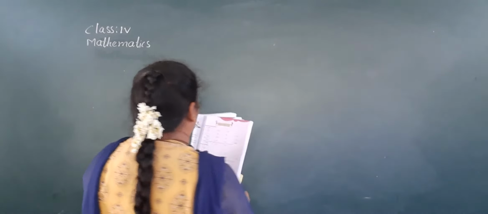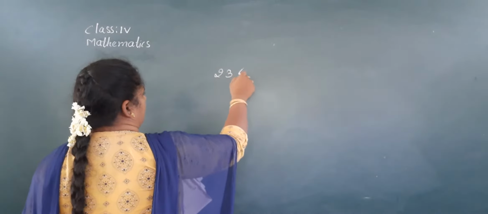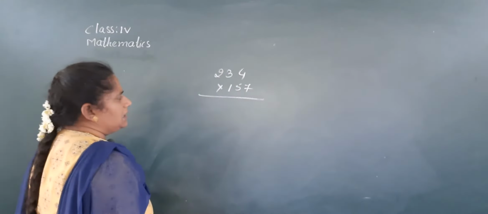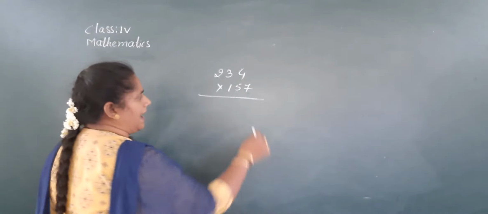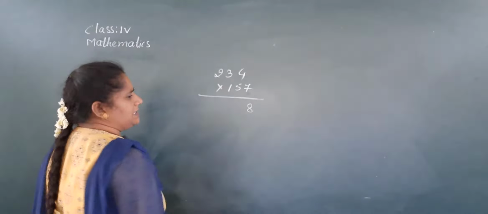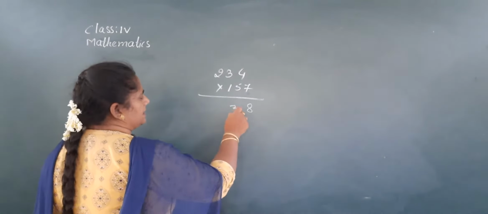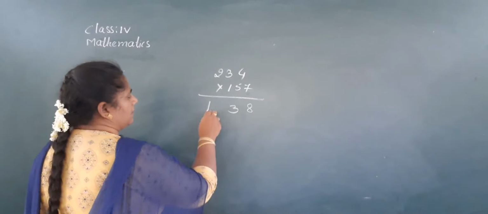And you know very well how to do the multiplication of 3-digit number by 3-digit number. Let us take 157. See, first you multiply by 7. 7 4s are 28. 2 in hand, 8 is down. 7 3s are 21, 22, 23. 2 in hand, 3 is down. 7 2s are 14, 15, 16.